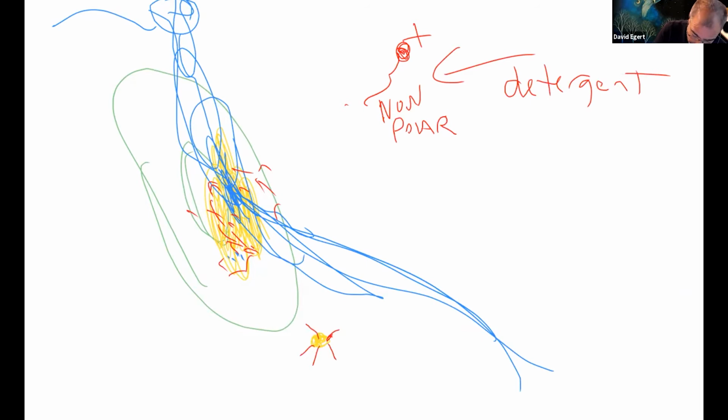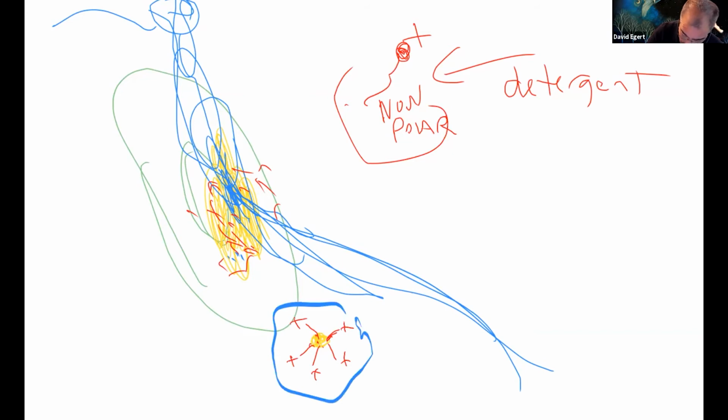The non-polar tails go into the oil drop. The polar heads go out towards the water. And now this little thing can get swept up in the stream and go down, and you eventually get the oil off of your plate.